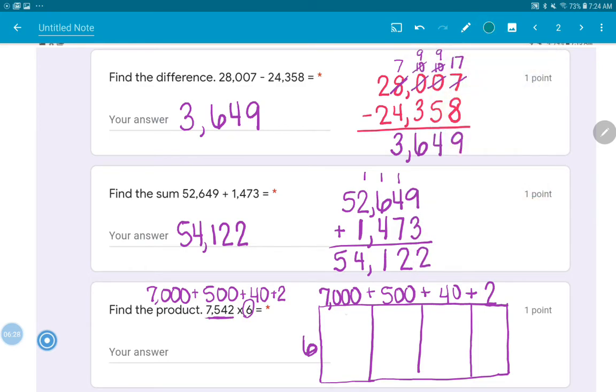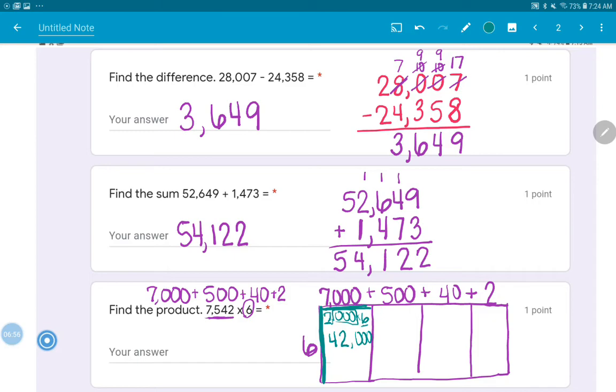So to find the area of each part, I've got 7,000 times 6 for this piece. The length is 7,000. The width is 6. So I'll find that by doing 7,000 times 6. 7 times 6 is 42. And I have 3 zeros.